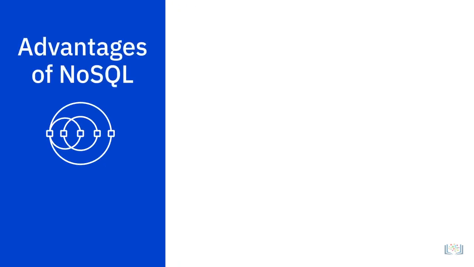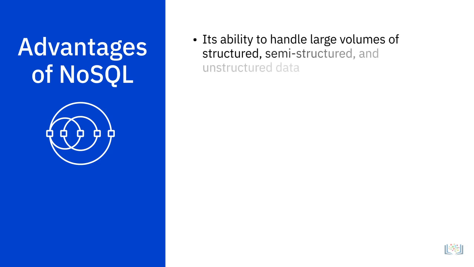NoSQL was created in response to the limitations of traditional relational database technology. The primary advantage of NoSQL is its ability to handle large volumes of structured, semi-structured, and unstructured data.